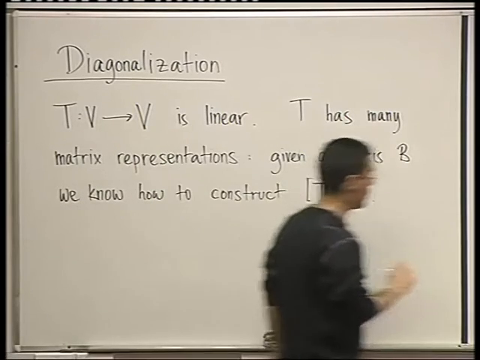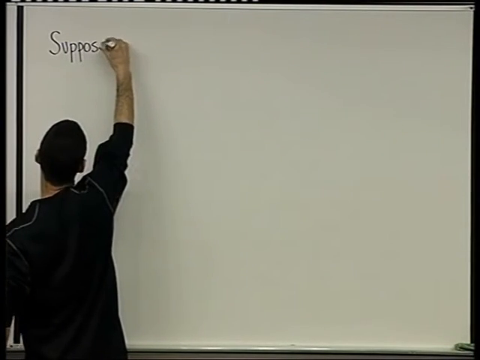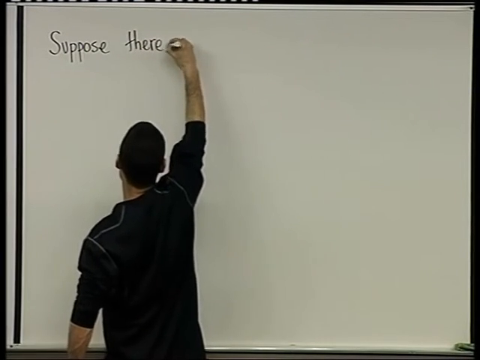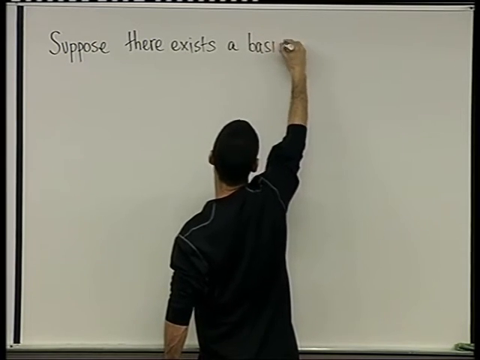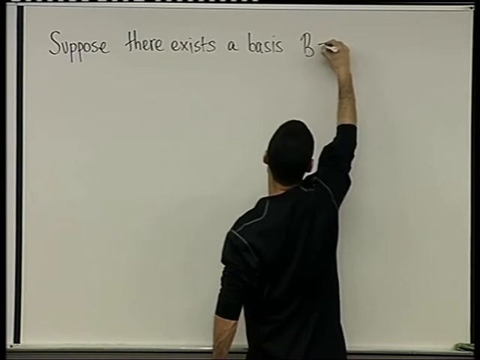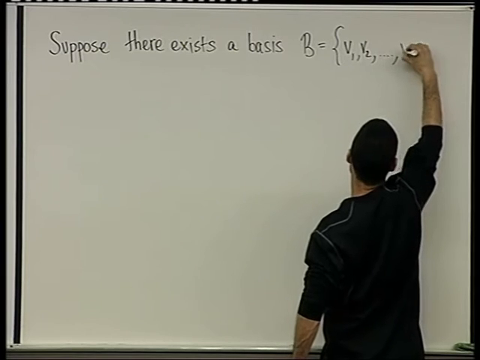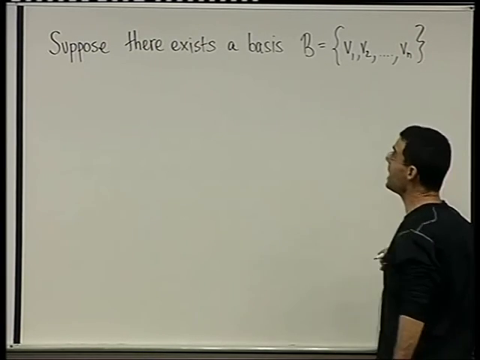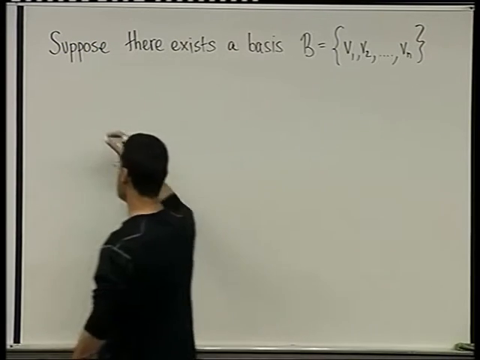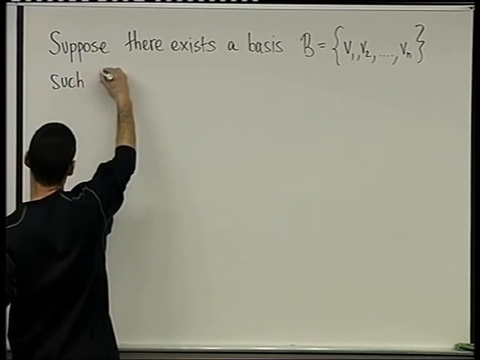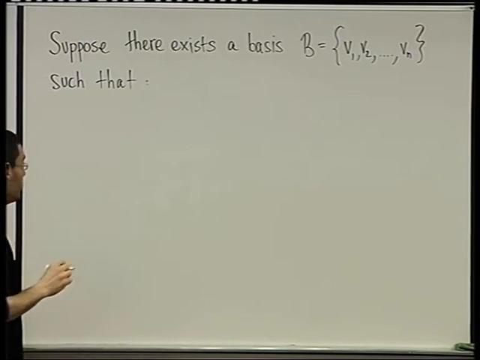So let's start a new board because I'm going to need some space. Suppose there exists a basis B whose elements are V1, V2, ..., Vn. So this is a basis for V, for the vector space, such that the following property holds.